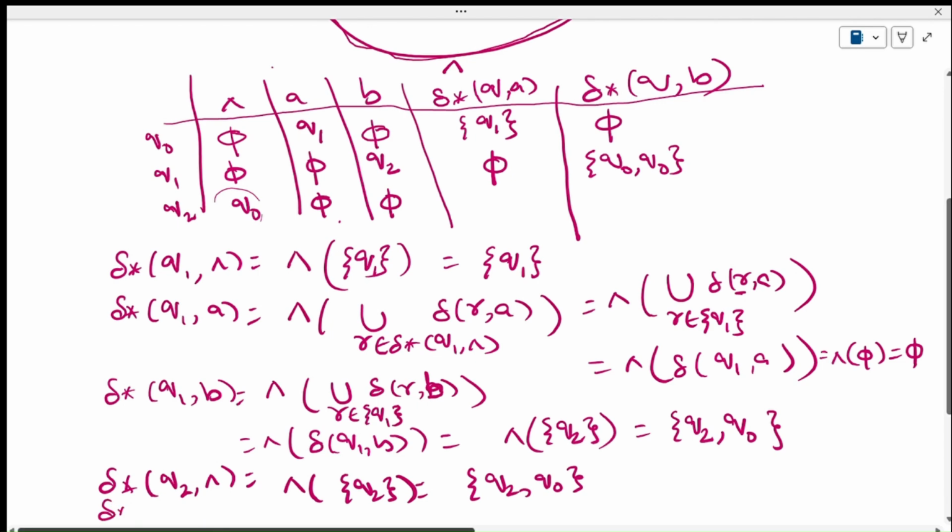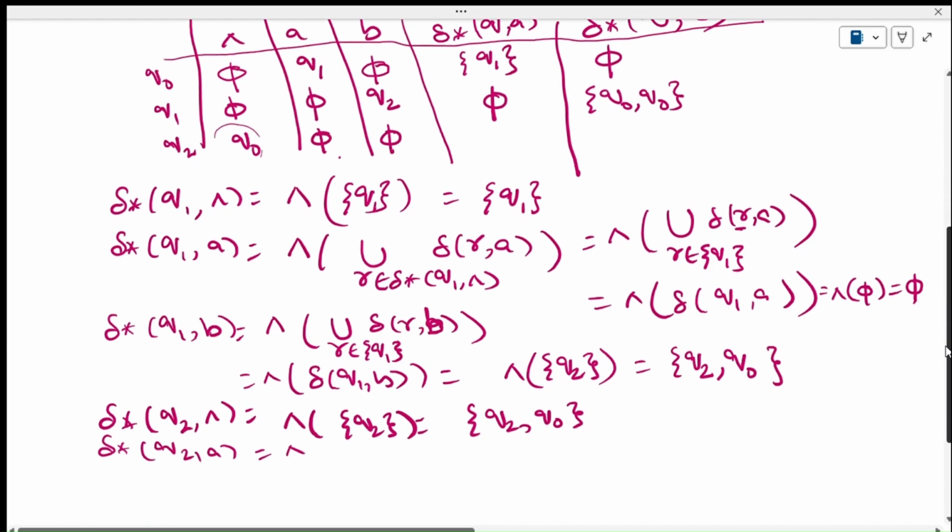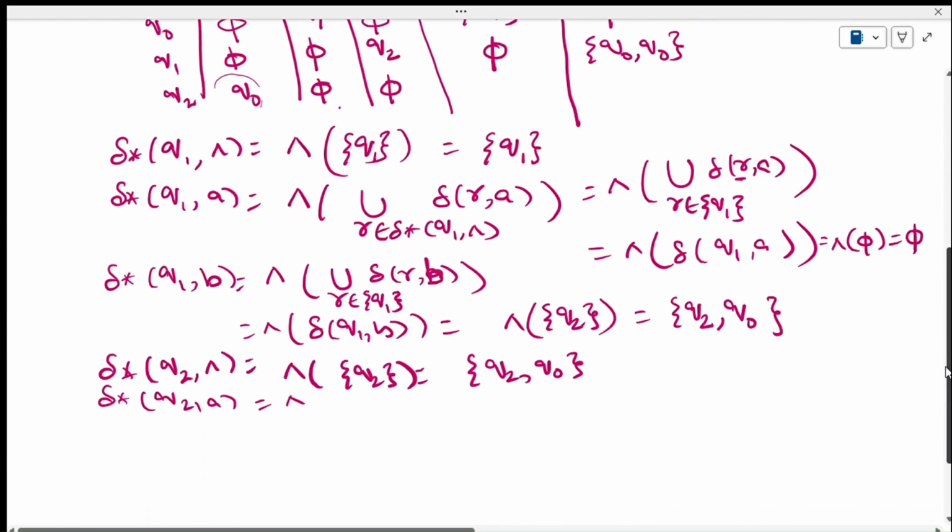Then delta star Q2 comma A is null closure of union of R that belongs to Q2. Instead of writing Q2, we'll go one step back.